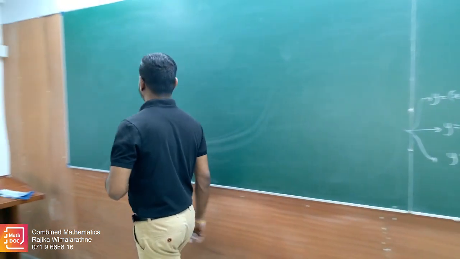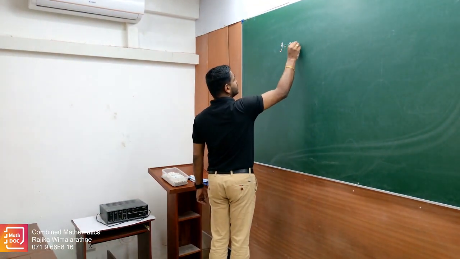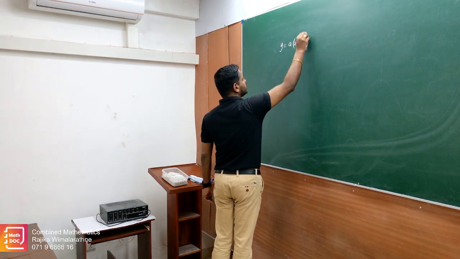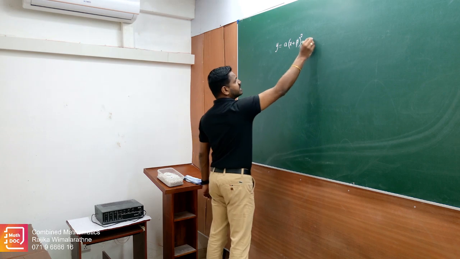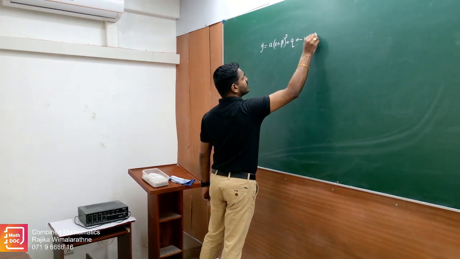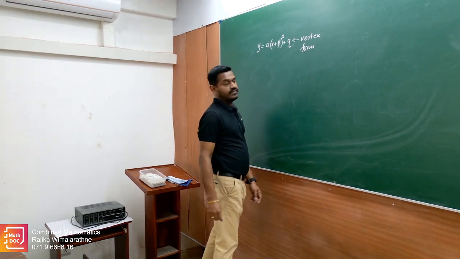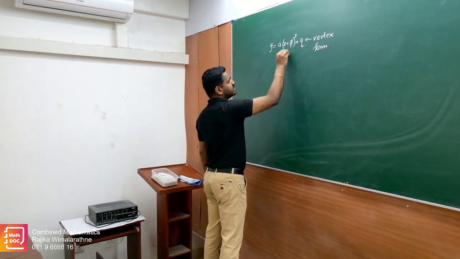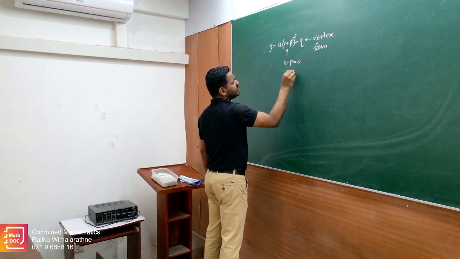Let's see it. You consider y equals a(x plus p) squared plus q. This is the vertex form. Here the perfect square is zero when x plus p equals 0, so x equals minus p. That is the symmetrical axis.